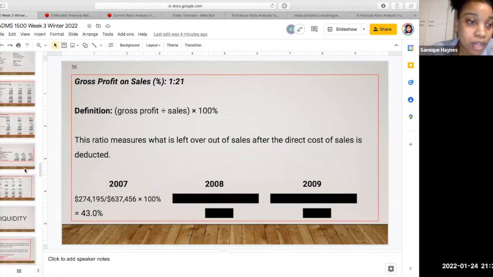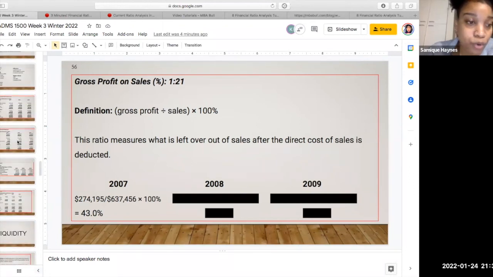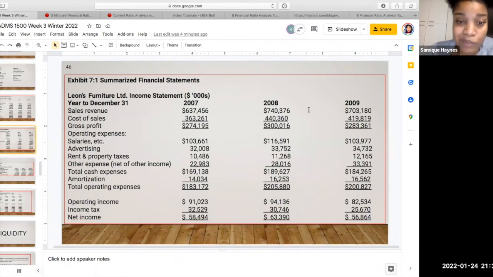So who wants to tell me what our gross profit on sales will be for 2008? Gross profit on sales for 2008. All right, 40.5. 40.5, good. Samin, you forgot to divide that by your sales.